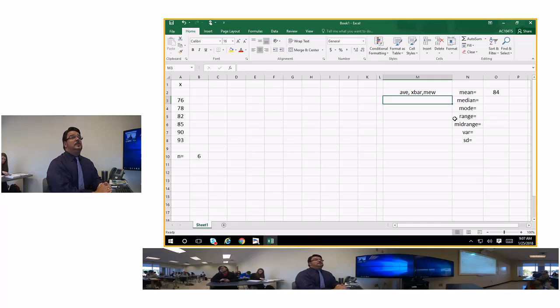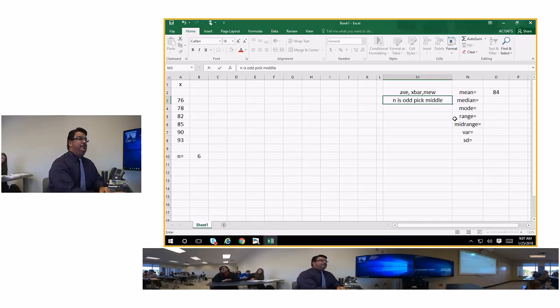The median. What is specific about the median? What do you remember in your probability and statistics about the median? If n is odd, pick the middle. Okay? What if n is even?